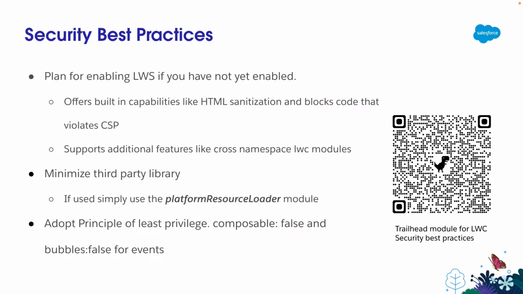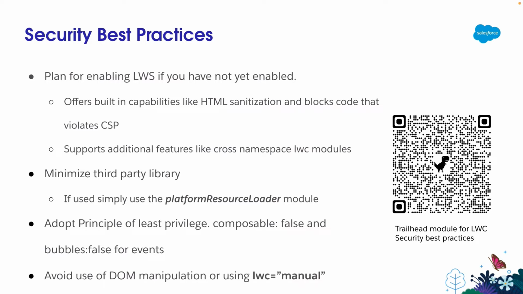By keeping both composed false and bubbles false, your events are restricted within the same shadow root. That means they do not propagate the data outside the shadow boundary of the components. So any other component will have to explicitly listen to them. This prevents data leakage.